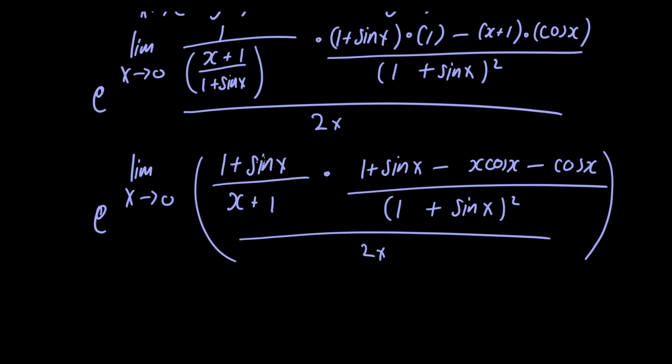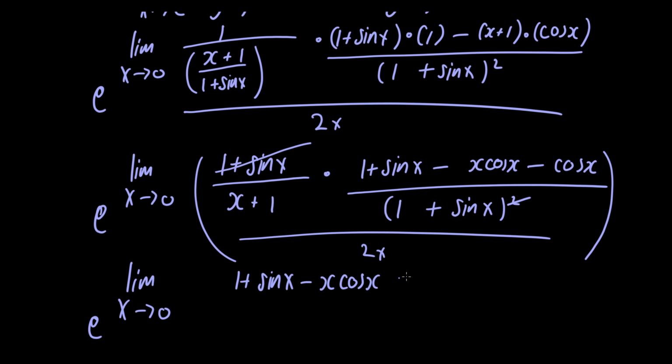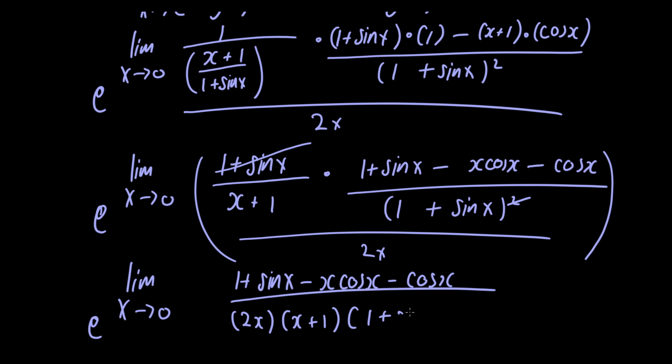Now notice we have a factor of 1 + sin x here and (1 + sin x) squared here, so we can cancel this, and simplifying further leaves us with e raised to the limit as x approaches 0 of 1 + sin x minus x cos x minus cos x, divided by 2x multiplied by (x + 1) multiplied by (1 + sin x). So all we've done is basically multiply the numerator and the denominator by (x + 1)(1 + sin x) in order to cancel this product here.